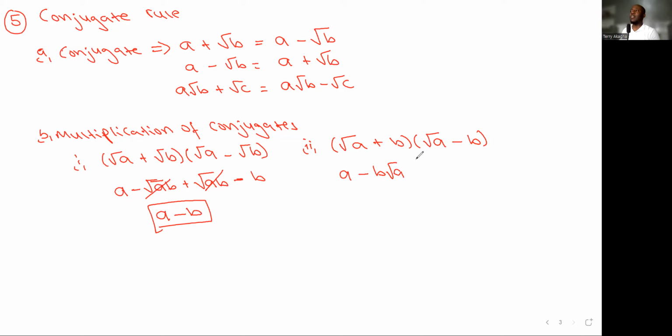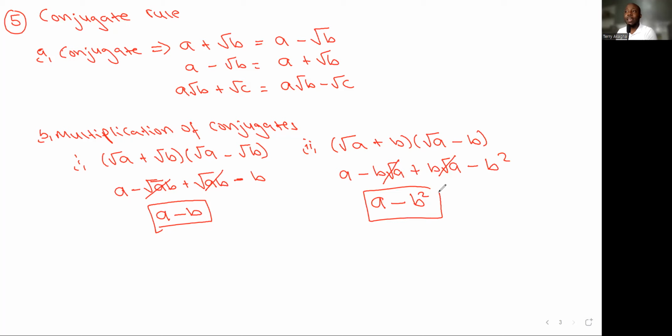The next one is B times root A, that will give us plus B root A. Now plus B times minus B will give you minus B squared. Is that okay? So minus B root A plus B root A, remember you add, because they have the same roots, we can add them together. That will give us 0, so they'll cancel out. And you're now left with A minus B squared. That is that for that.